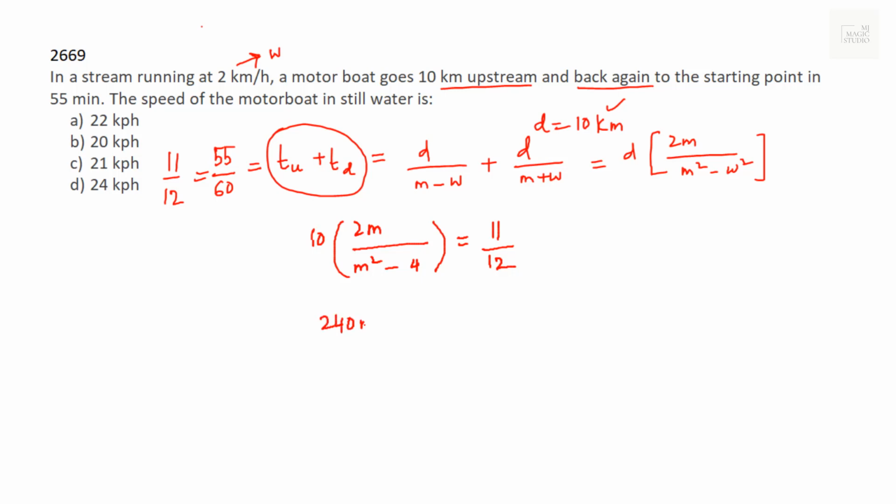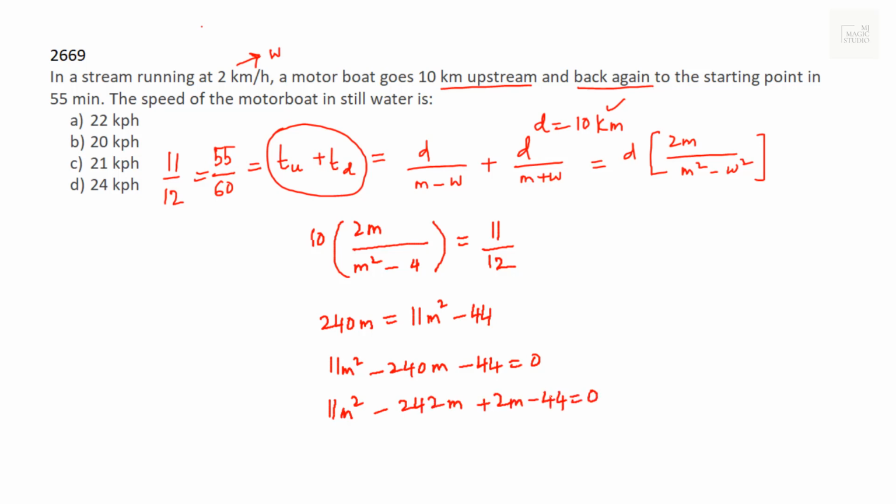240 m equals 11 m square minus 44, or 11 m square minus 240 m minus 44 is 0. 11 and 44, middle term, 11 m square minus 242 m plus 2m minus 44 will be 0.